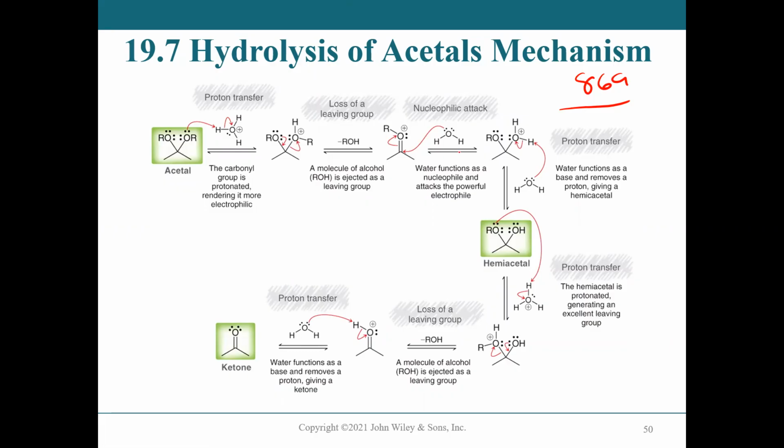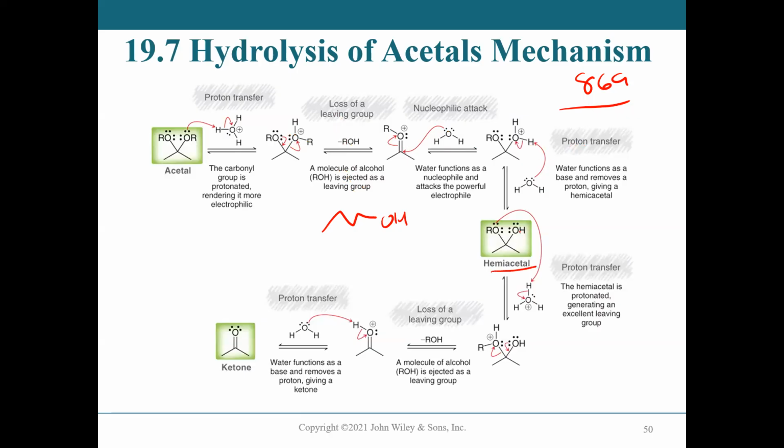We have a proton transfer here. Then we have the loss of a leaving group. So a molecule of alcohol is ejected as a leaving group. We have an alcohol here; you can just imagine some alkyl chain. Then we have a nucleophilic attack, followed by another proton transfer.